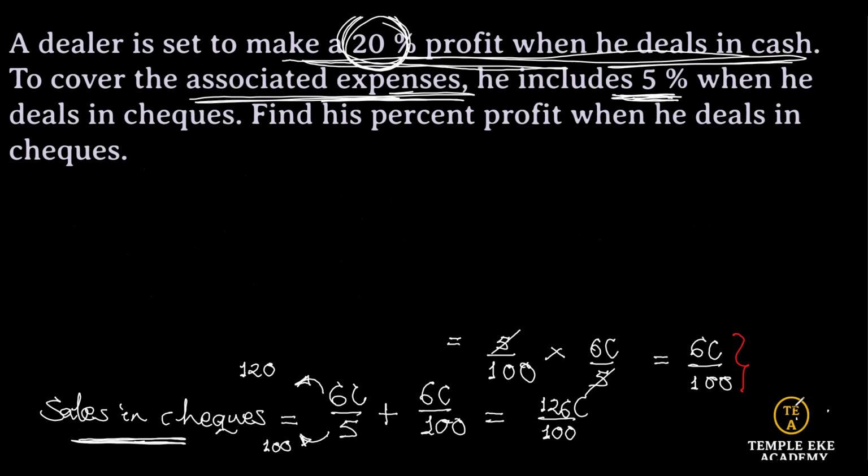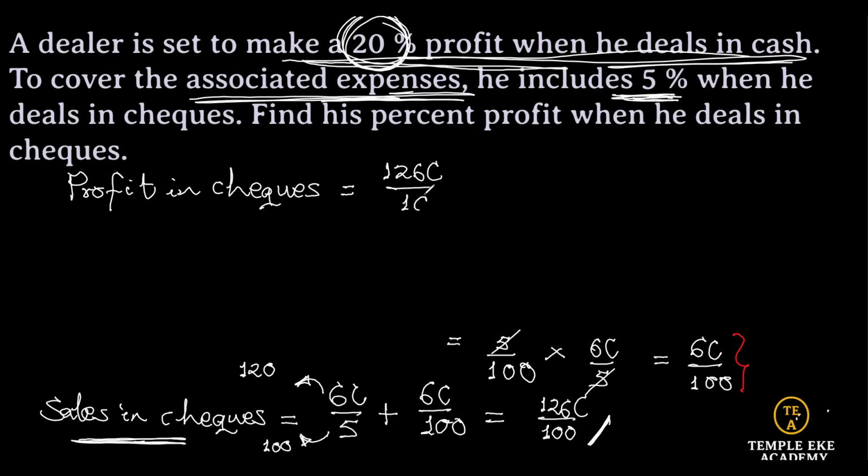So the profit in checks is the new sales in checks, 126C on 100, minus the original cost. Once again, we can make this fraction have the same denominators.